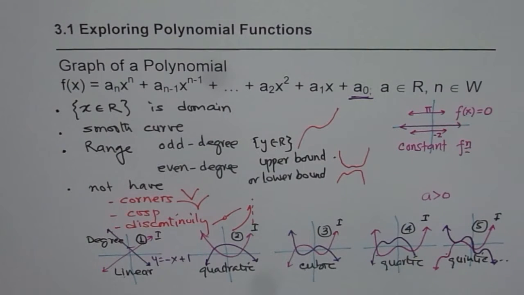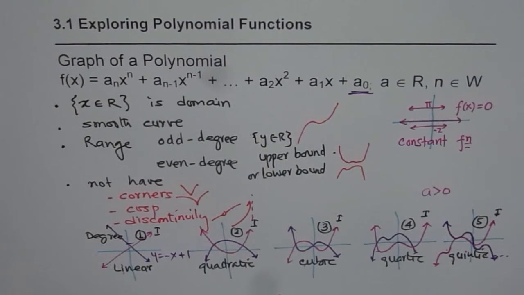In the next video, we will see how graphs of functions which are not polynomials will look. Have a good look at it and understand. A polynomial should have no restrictions on the domain. It should be a smooth curve. The range is not restricted for odd degree functions, while it has an upper or lower bound for even degree functions.